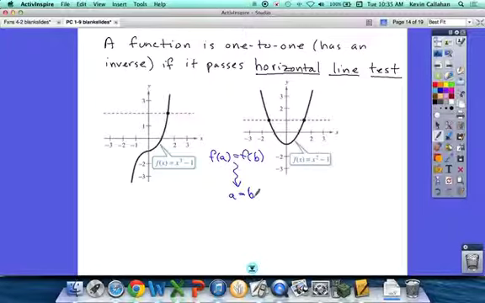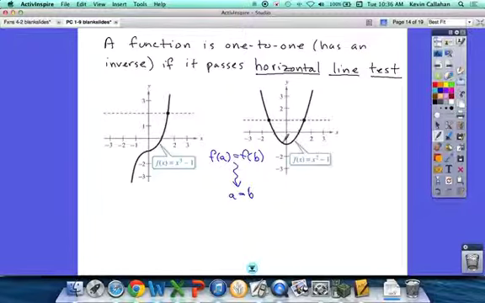I'm going to say this, it may end up duplicating something I'm about to say, but remember the function has to be always increasing or always decreasing over its domain. There is a way for this to have an inverse, and that is to limit its domain. Don't look at both halves of it.